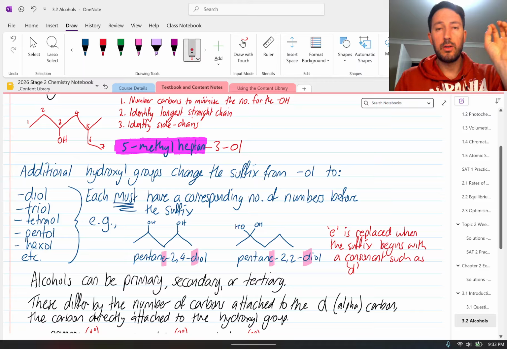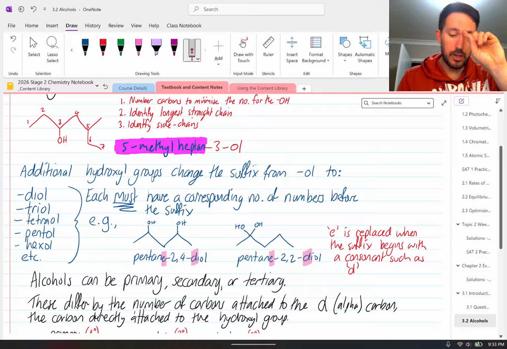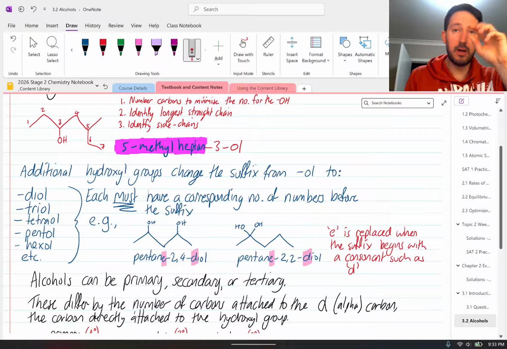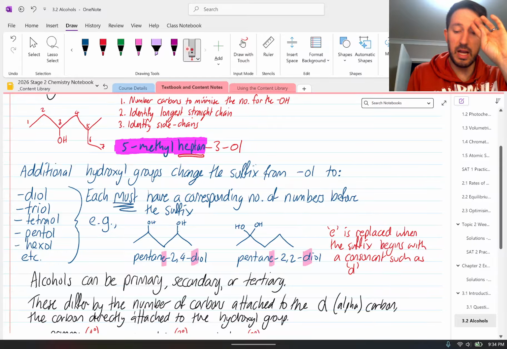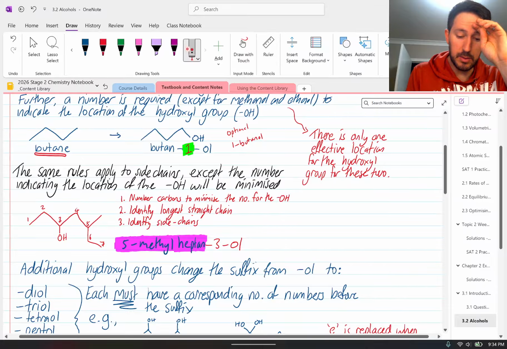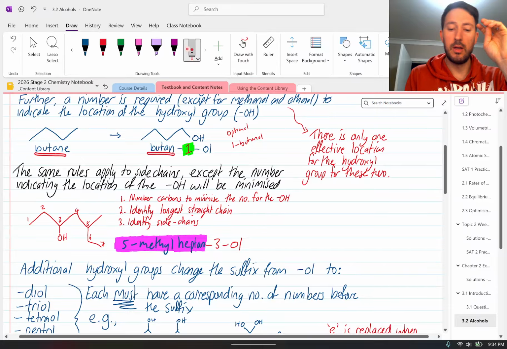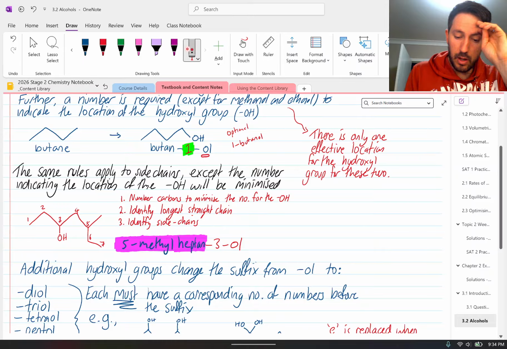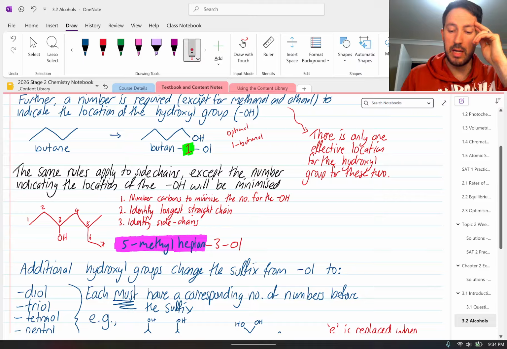Normally, if you are going to have just one hydroxyl group, you're going to remove the E from the end of our alkane name. So, for example, up here we have heptan-3-ol, not heptane-3-ol. Up here earlier we had butane becomes butan-1-ol. It is because this ol is a vowel. If you have a vowel here, you remove the vowel at the end of the butane name.